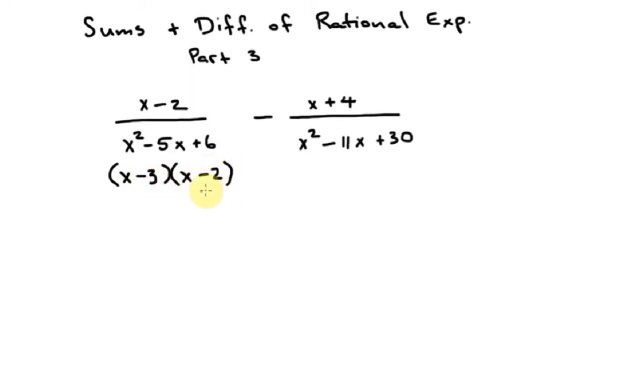Hey, that's not looking so scary, as you'll see in a moment. But anyway, let's go over here now, and let's see what we can do to factor this thing. x and x. And I need factors of positive 30 that add up to negative 11. So I'm thinking negative 6 and negative 5.